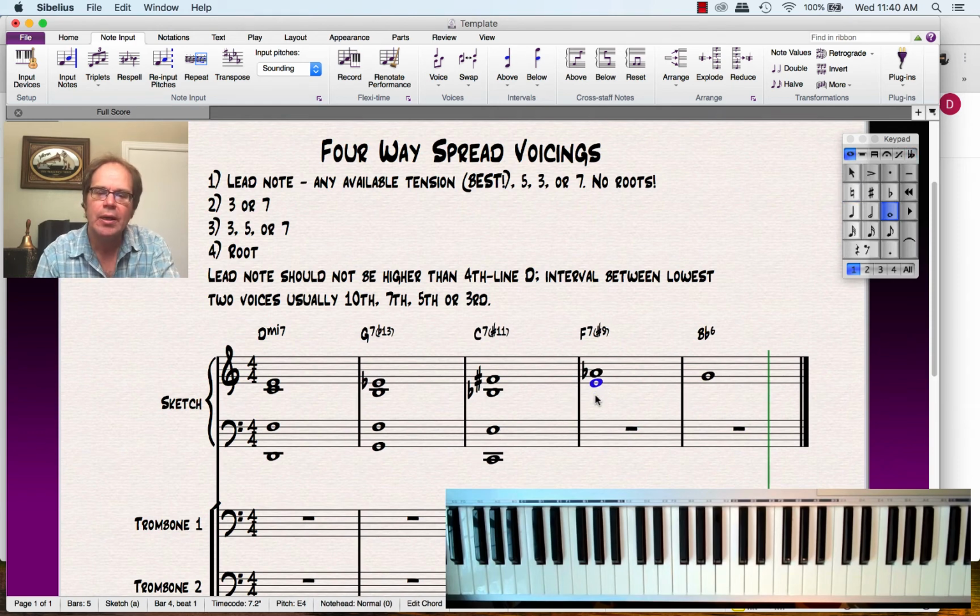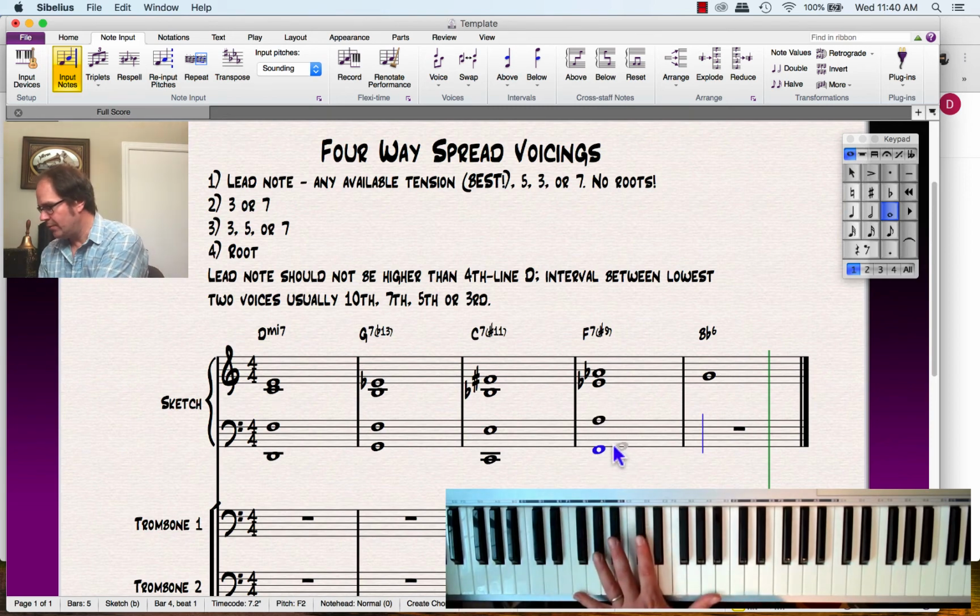So I'm going to change the voice leading and move this one up to the 7th. Next one down, I'm going to put the 3rd, which we tried but didn't like, and then bring the root up to here. And notice we have another beautiful 10th interval, from the F to the A.